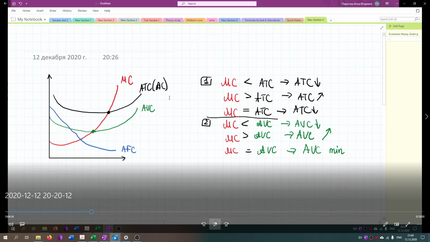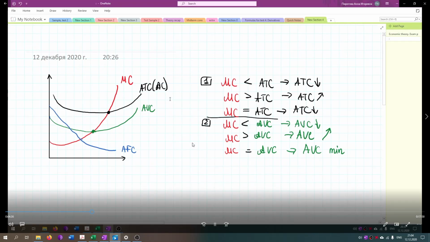And here we will consider the relationship between different cost curves. You can see marginal cost, average total cost, average variable costs, and average fixed cost.